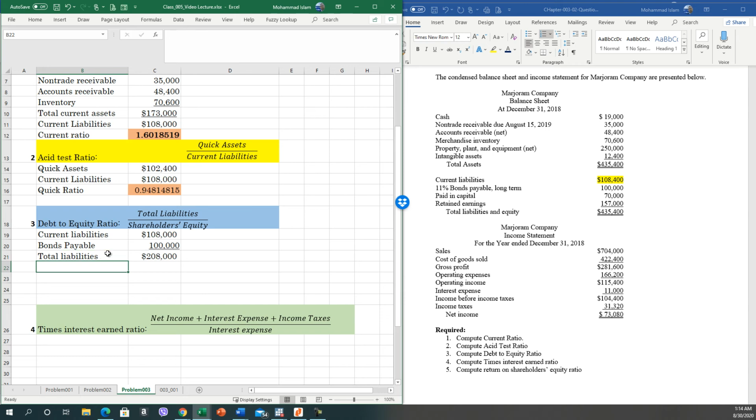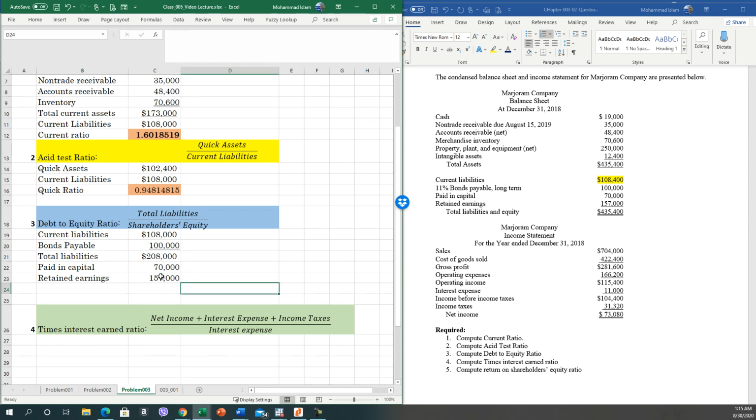So this is our total liabilities, and shareholders equity, we need to know the shareholders equity, and the shareholders equity total would be the paid in capital or common stock. So the paid in capital is 70,000, the first one, and we have the retained earnings, which is equal to 157,000.